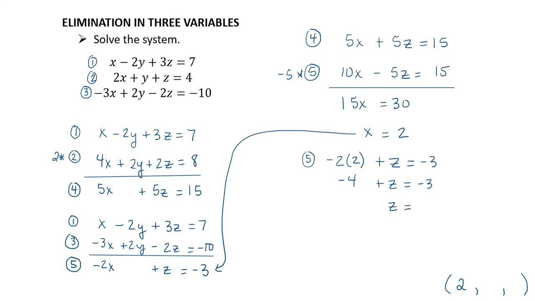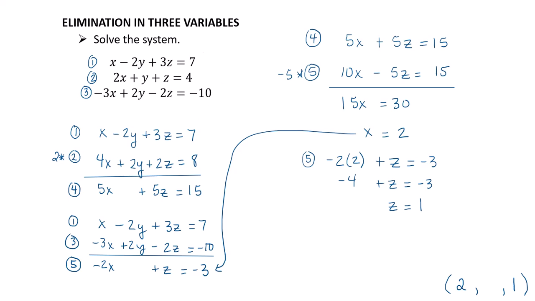So z equals 1. Now I have x and z for my solution. I need to get y. So we'll come back up here to one of the original 3 equations and use our x and our z values so that we can solve for y.